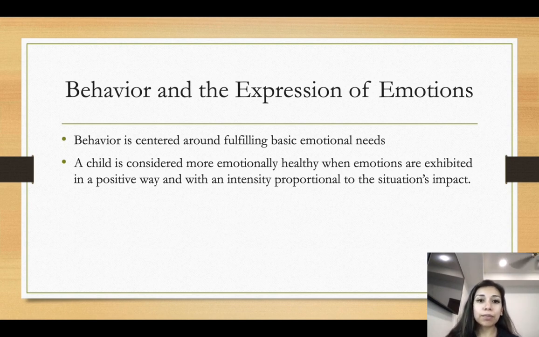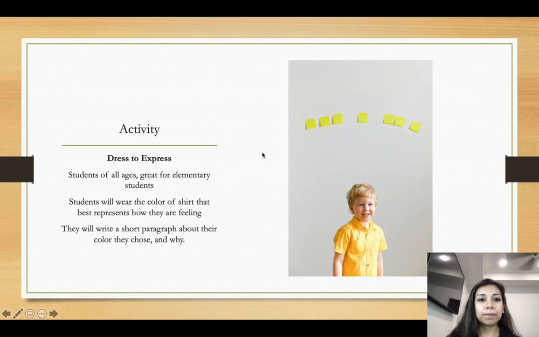So, in turn, it just basically means that behavior is in connection to what their emotional needs are. If you're not giving the child the appropriate attention, they might show it in their behavior. They might lash out, which in turn goes back to an unhealthy mental state.